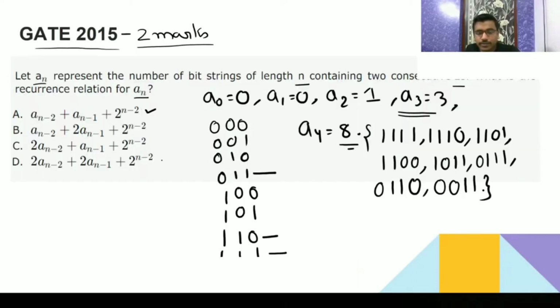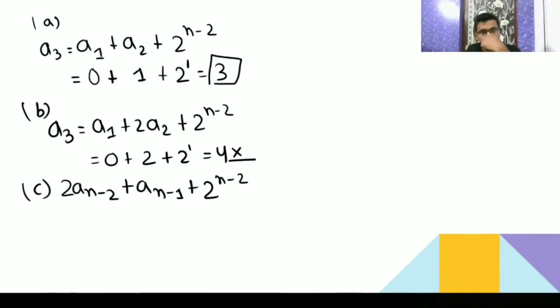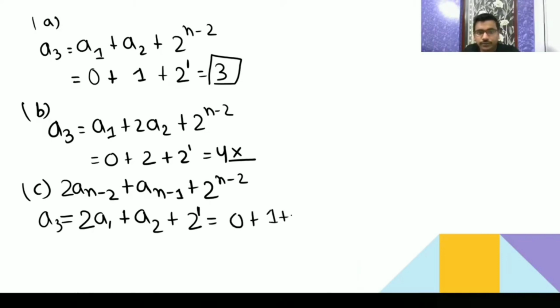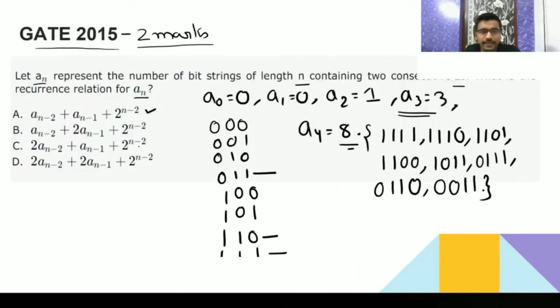So for a3, a1 is 0, then a2 is 1, plus 2 to the power 1 because 3 minus 2 is 1. So this may also be the correct one. It is also in the race to be the correct option. So till now we have seen that A and C may be the correct one.